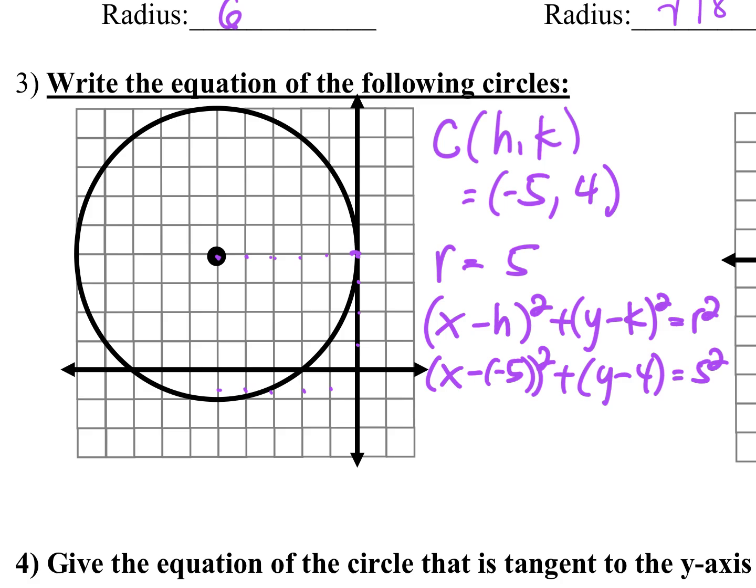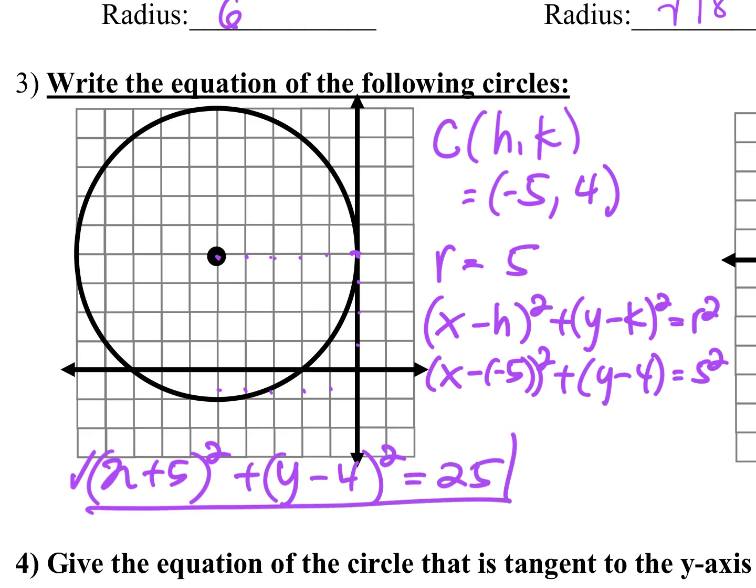So, okay, simplify everything now. Let me just write in here. That's gonna be x plus 5, don't forget the square, plus y minus 4 squared is equal to 25. This is our equation for this circle.